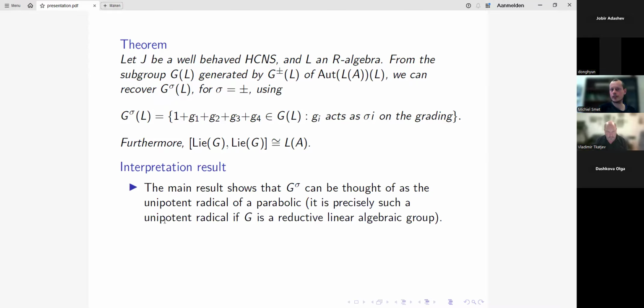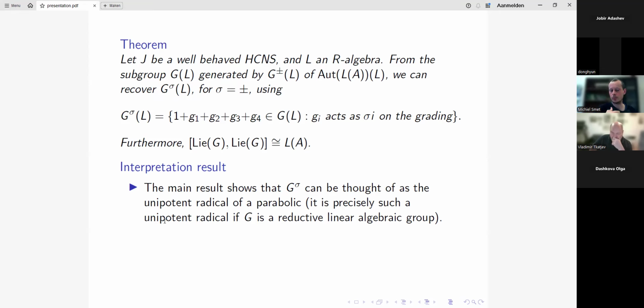For the interpretation of the result, it can be thought of as saying that G plus and G minus are the unipotent radicals of a parabolic. So once again, you have a Z grading on your Lie algebra.